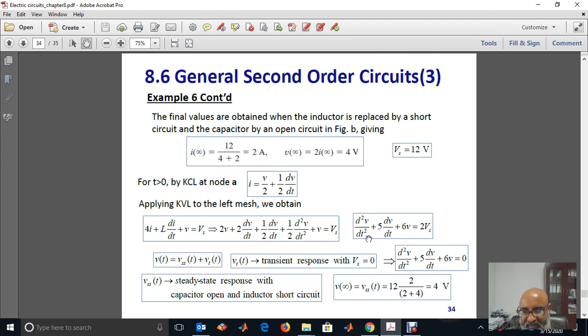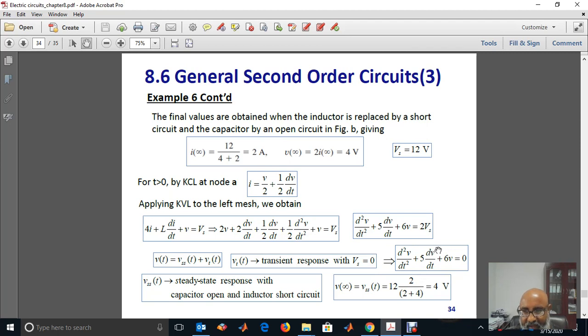If you see, this is a second order differential equation, and the parameter is V. We can solve this by making Vs equal to 0 to get the transient response.